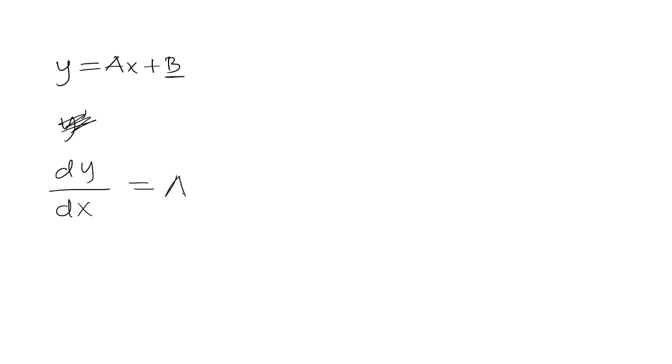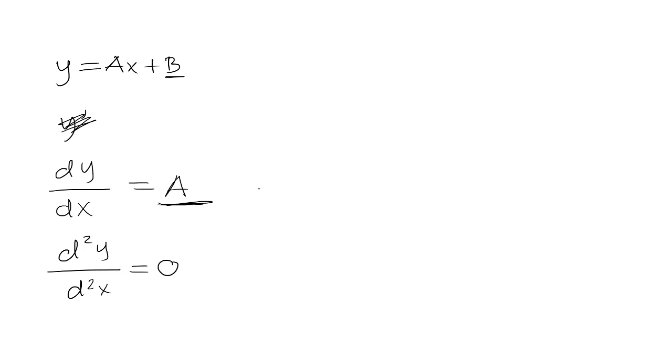So we simply end up with a, just the constant. And if we differentiate once more, d squared y divided by d squared x equals 0, because we just differentiate the constant.